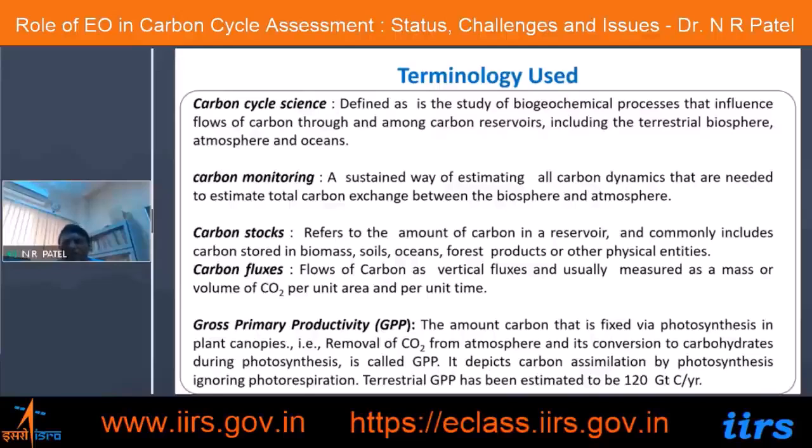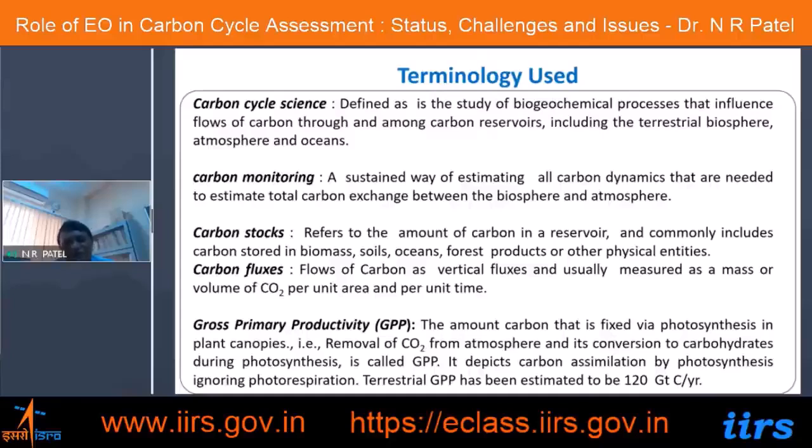Another important term is gross primary productivity. This is well known to most of the students, because gross primary productivity is nothing but gross photosynthesis. It is represented as the amount of carbon fixed via photosynthesis in plant canopies. That means how much carbon is removed from the atmosphere and converted into dry matter or biomass during photosynthesis is called GPP, or gross primary productivity.